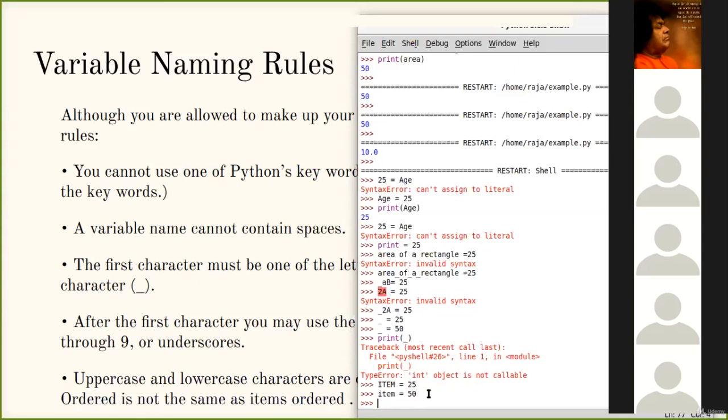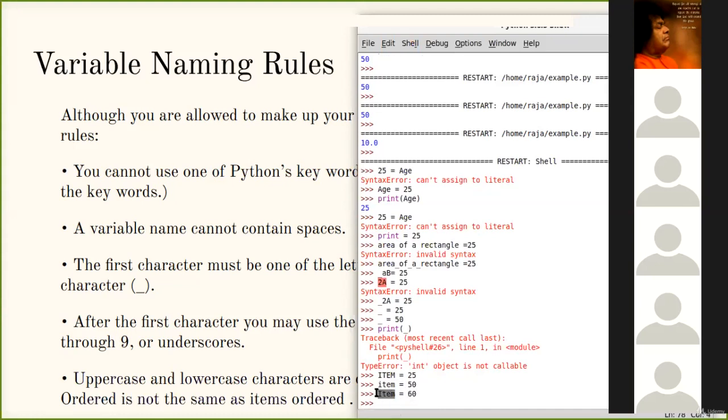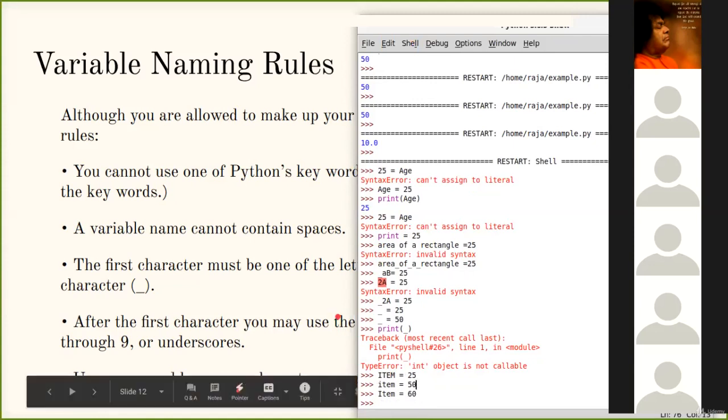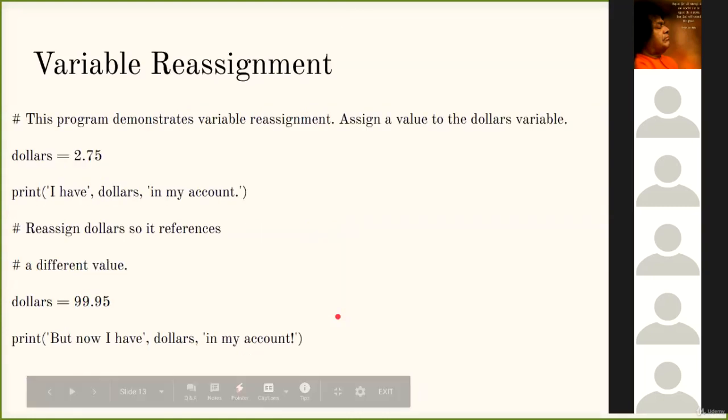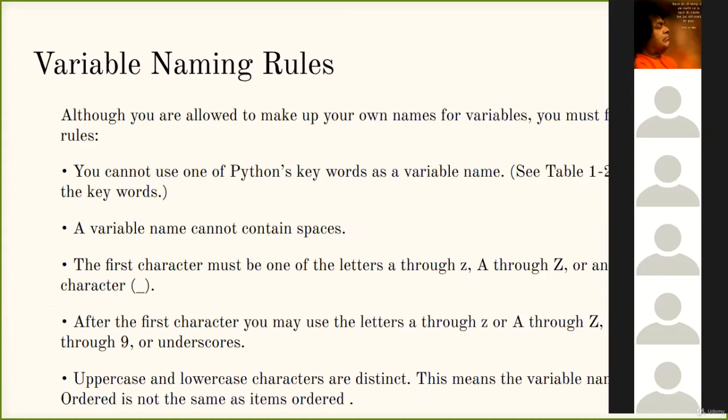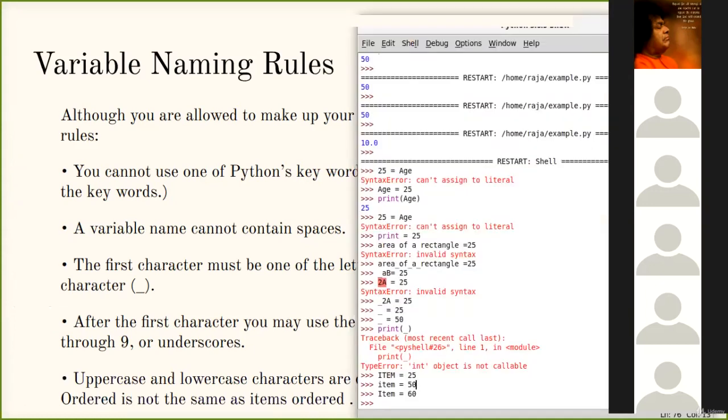So even if I start with a capital and end with small letters, this is altogether a new variable for me, because Python is case sensitive, which means if you use different cases for the words, it will take them to be different names, and not the same thing.